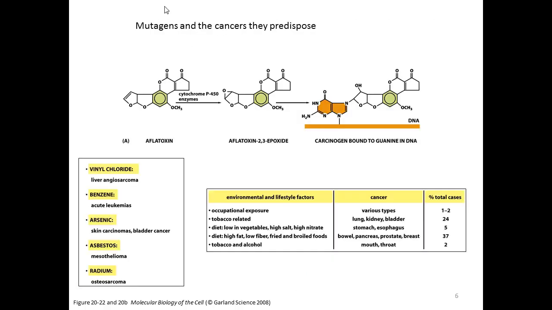Particular types of molecules in the environment can negatively impact our chances of getting cancer. For instance, aflatoxin, which is one of the most potent mutagens, is involved in peanut butter mold. It forms covalent adducts with nucleotides, and these nucleotides are interpreted incorrectly by polymerases or are unable to be processed, and hence will cause mutations to arise.